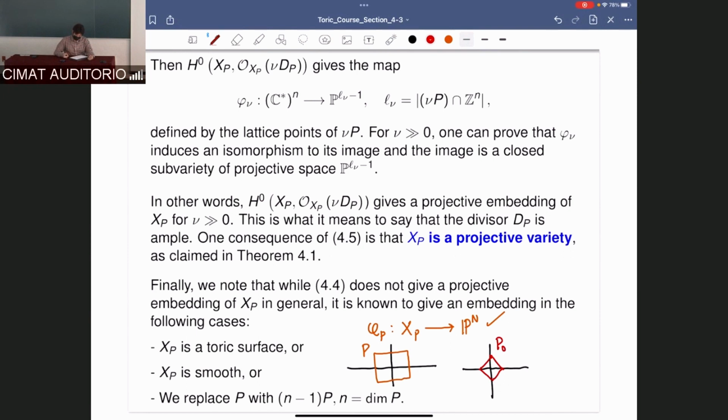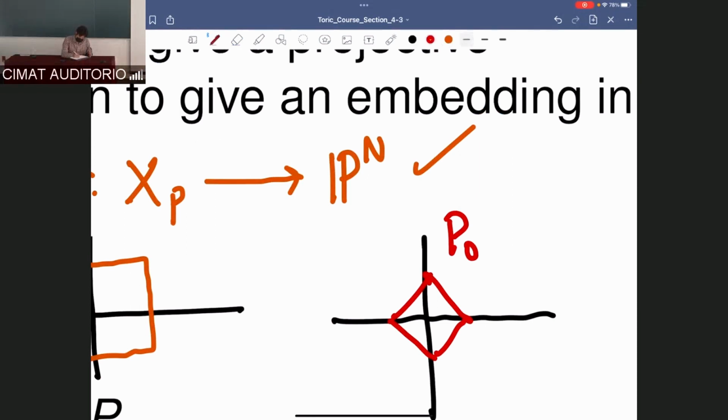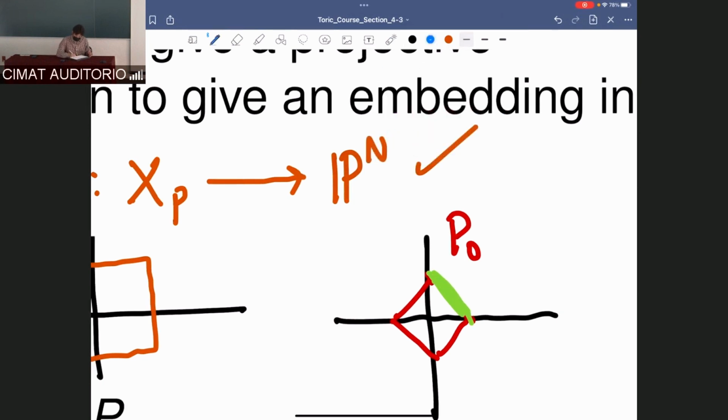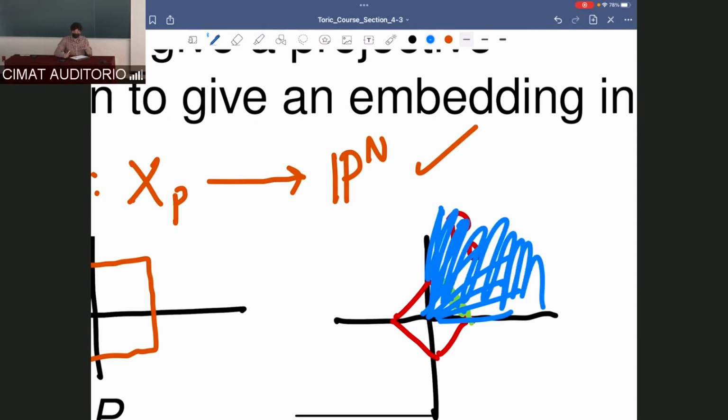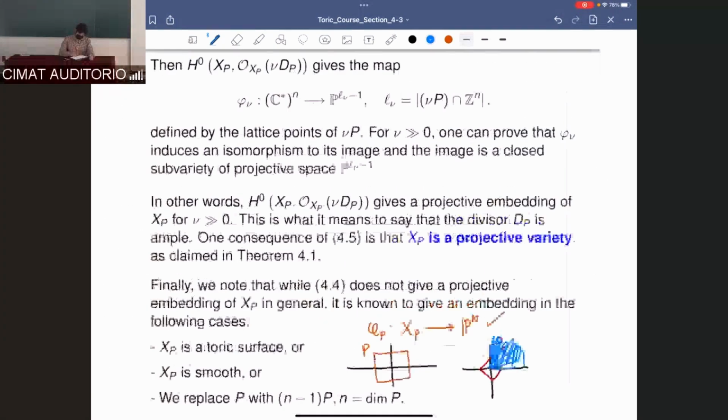And what we can do is, assuming that you can translate to put this polytope so the origin is inside, you can do this construction. It's like the fan over the faces of the polytope. You go face by face. So for example, for this one that I'm going to color in green, I get the cone spanned by each of these points. So it will be the first quadrant in this case. And out of that, one can show that what one gets is a fan. Very good, thank you for asking.